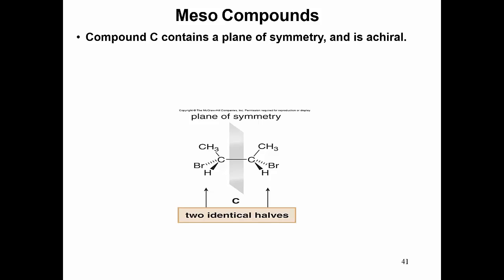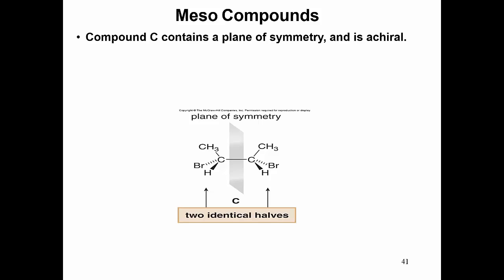And whenever you have a mesocompound, its mirror image is going to be identical to it. And you can try and draw that and draw its mirror, and you'll see it's the exact same compound.